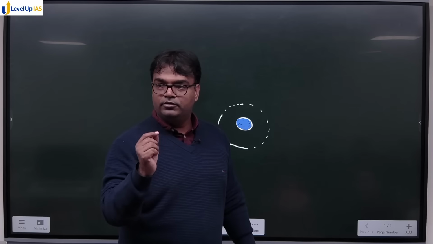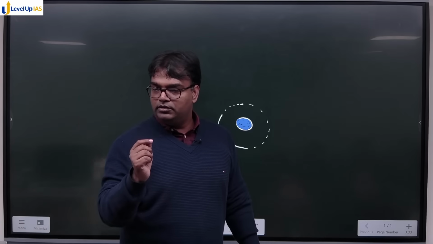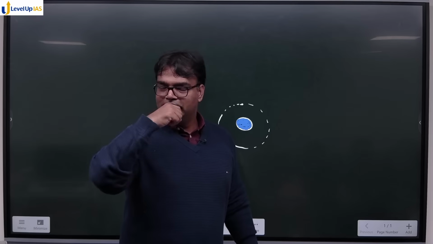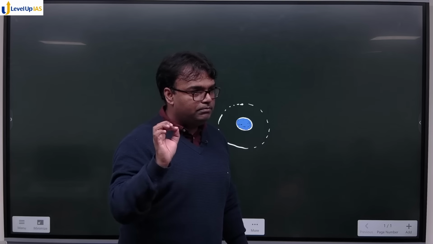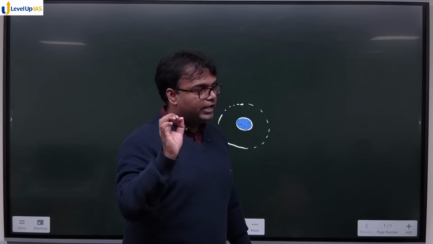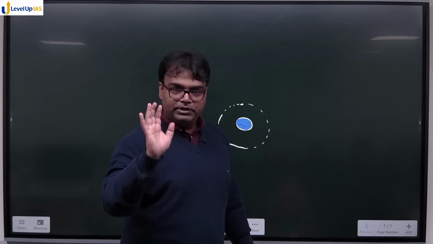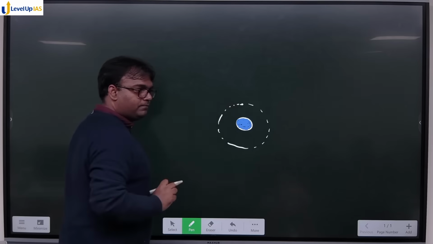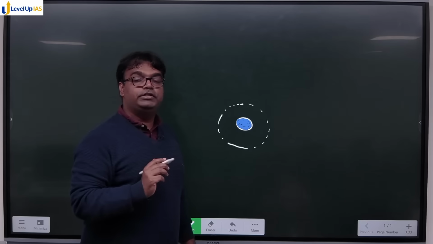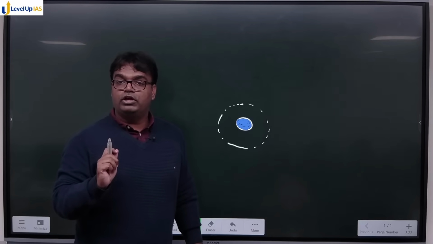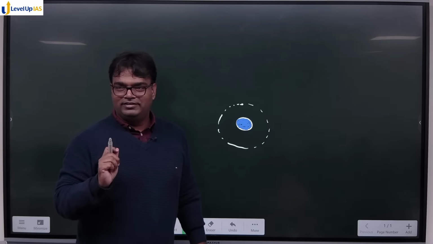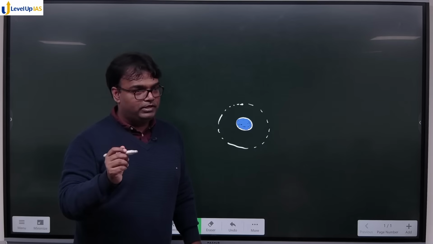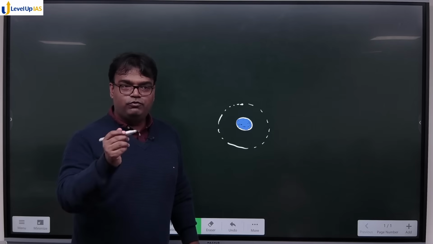But because of Earth's atmospheric density being high, its movement would be opposed by the atmosphere. When its movement gets opposed, it slows down. And when it slows down, eventually its speed would become less than under root gm by r. It would fall on Earth.